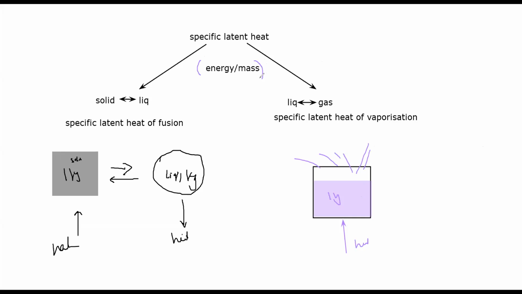Just to distinguish the states, if solid is changing into liquid, we call it fusion. If liquid is changing into gas, we call it specific latent heat of vaporization. Is the difference between the two clear? They have the same formulas and the same unit, only we use a different term for each.